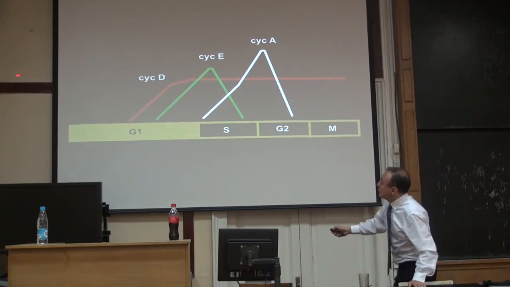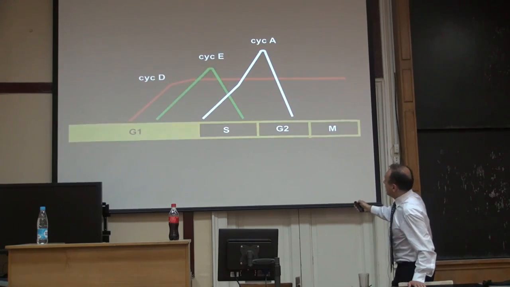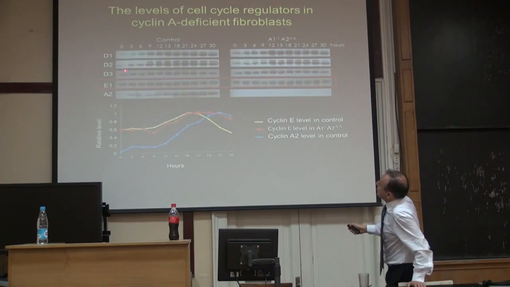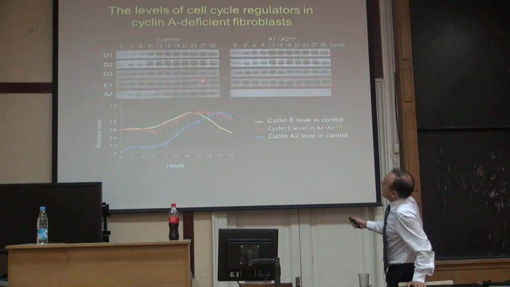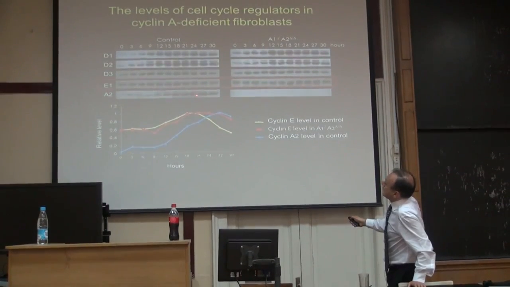And therefore we decided to very carefully look at how the induction of cyclin E and cyclin A takes place in our cells. So these are the control cells, and as you go from G1 into the S phase, cyclin E becomes upregulated here, and then by 27 hours it goes down. So this is slightly up and then down, whereas cyclin A goes up later, right here.